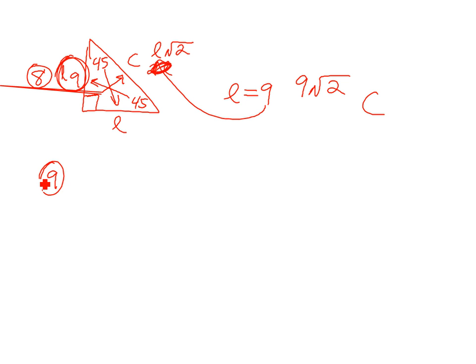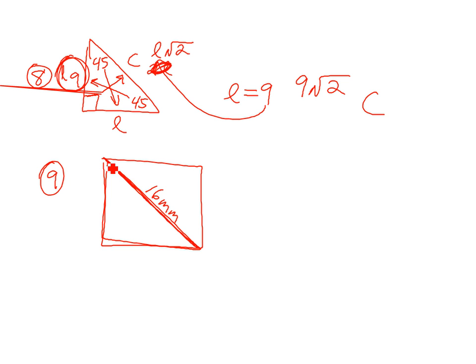Number 9 says find the perimeter of a square to the nearest tenth if the length of the diagonal is 16. So if we draw this square, we know from one corner to another is the diagonal, and that's 16 millimeters. Each one of these triangles, when you draw a diagonal in a square, is a 45, 45, 90 triangle.